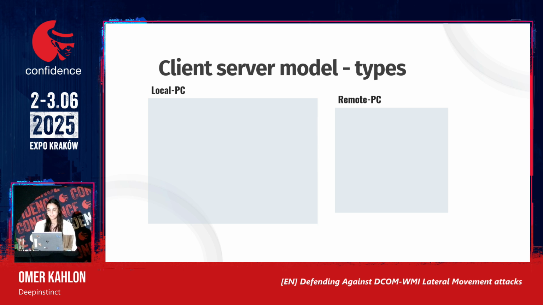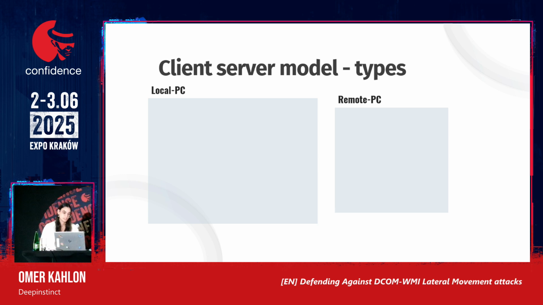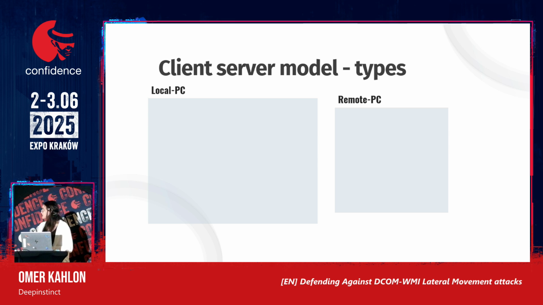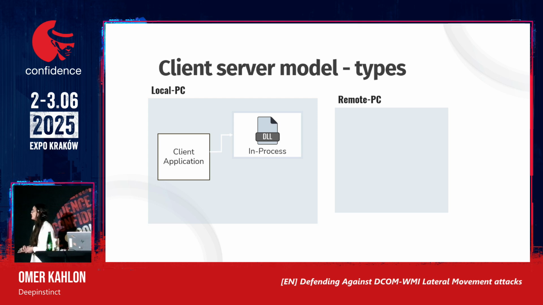The client is the calling process that requests to create a COM object, and the server is the implementing file on the system, which again can be a DLL or an executable file that can implement and create the requested object. There are three server types. The first one is the in-process server type. In this case, the implementing server is a DLL that is loaded into the calling application using the COM library.